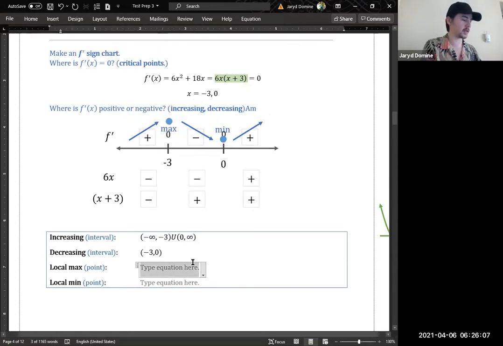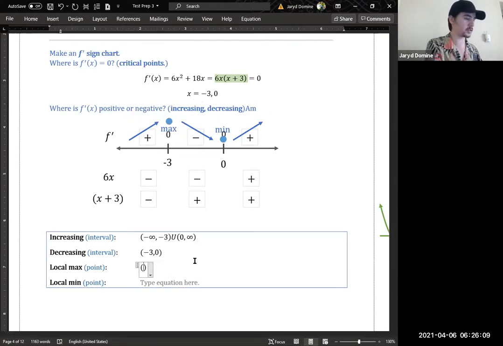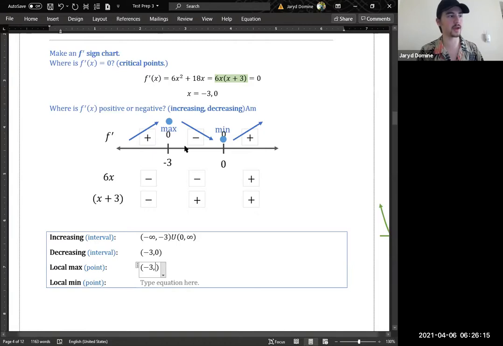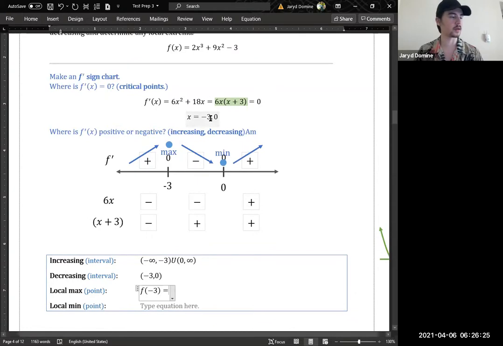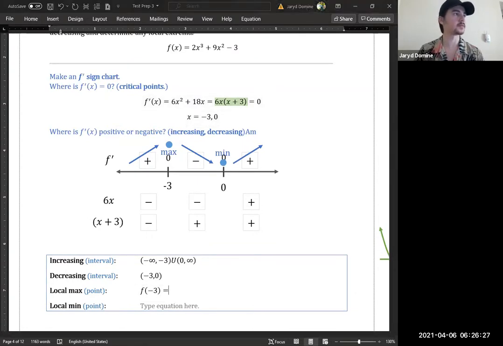So there's going to be a local max at -3, and we need to know how high this point is. One way to do this is to say f of -3 equals, and plug in the value.